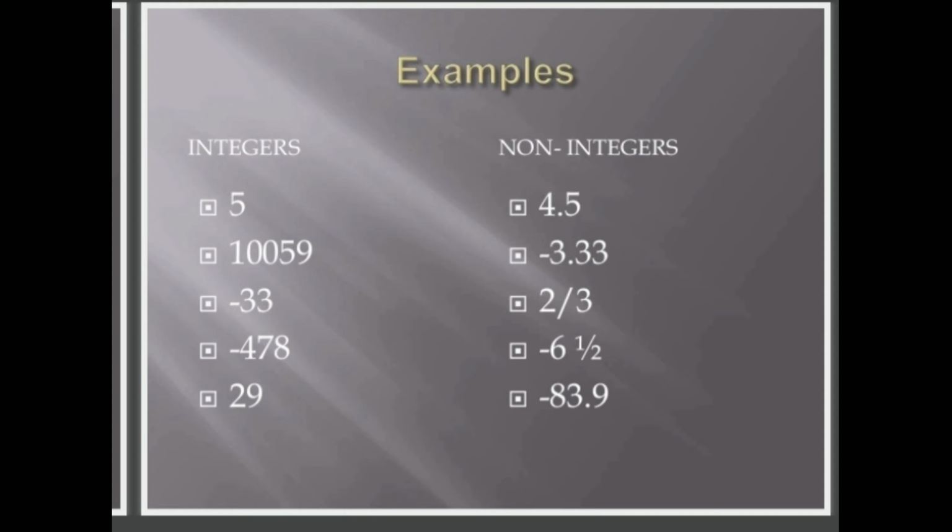See negative decimal point and 2/3 is a fraction. Fraction is also not allowed here. 6 and half, that is mixed fractions. Mixed fractions are not allowed. -83.9 decimal point is also not allowed. See here carefully what are the difference between integers and non-integers.